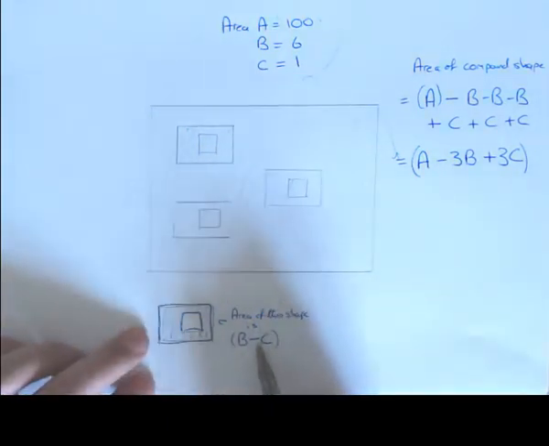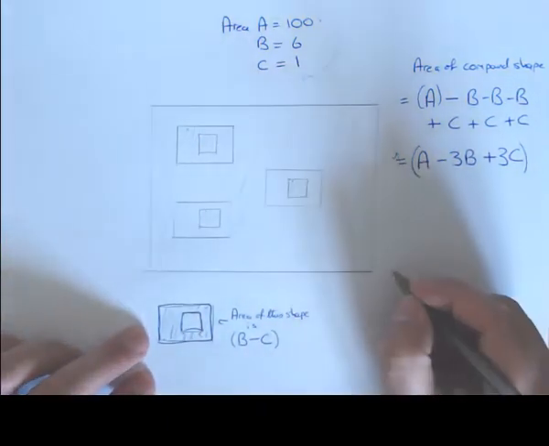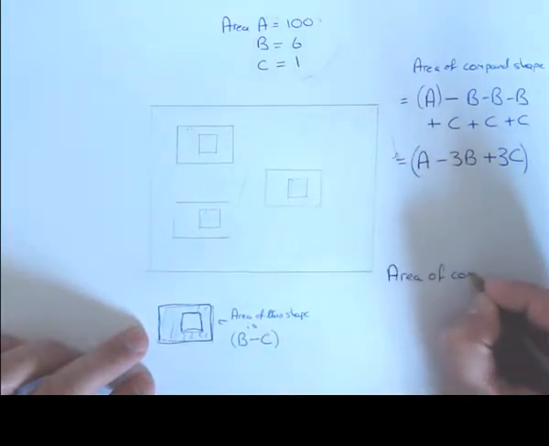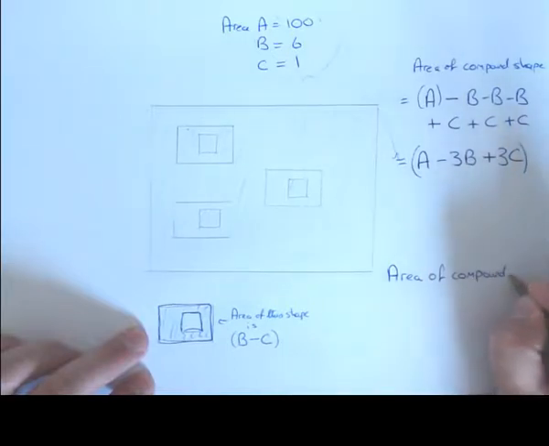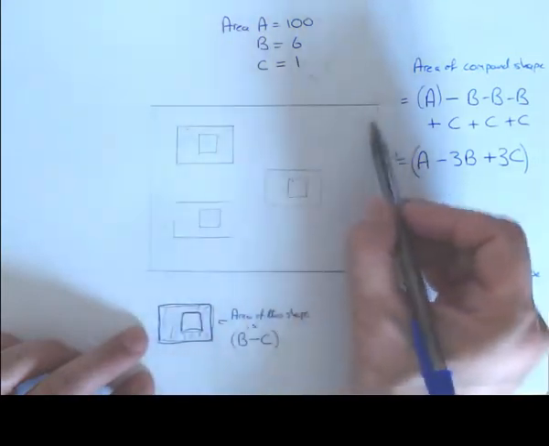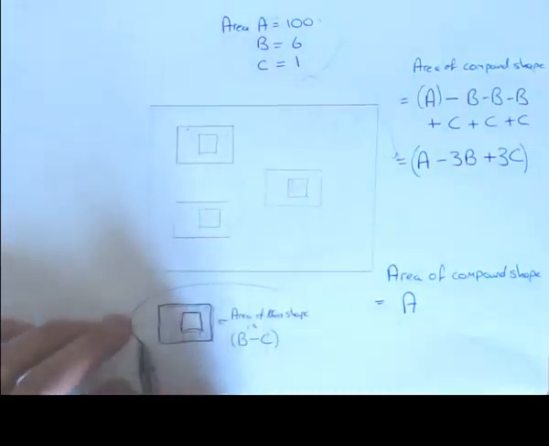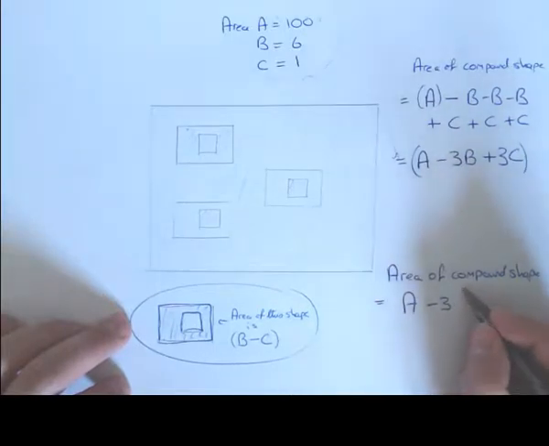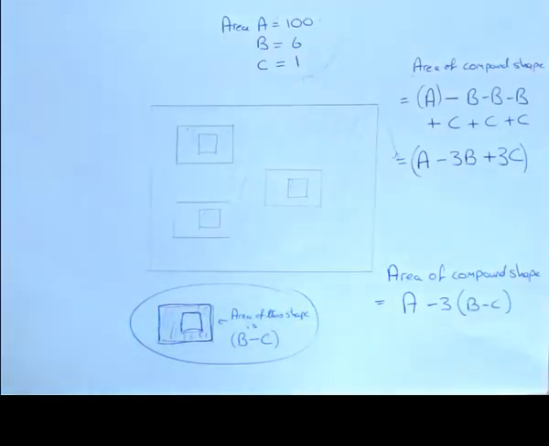So this shaded area is B minus C. So a second way of saying what the area of the compound shape is, we could say we have the whole area A, which is the big shape, and we're cutting 3 of these things out of it. So we're taking away 3 of these things. And that's actually exactly the same thing, because it's the same area we're talking about. It's just a different way of thinking about it.